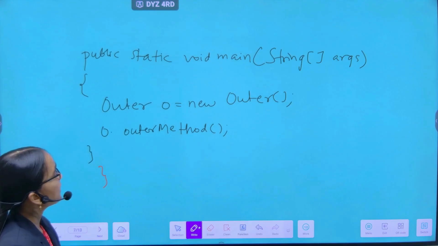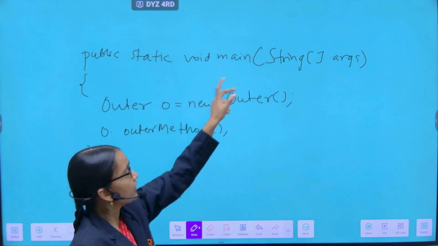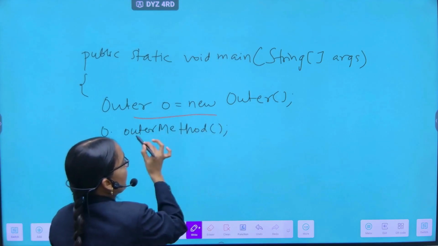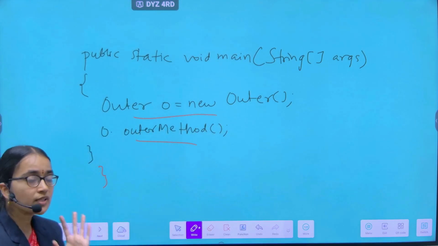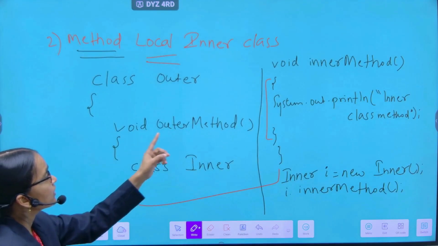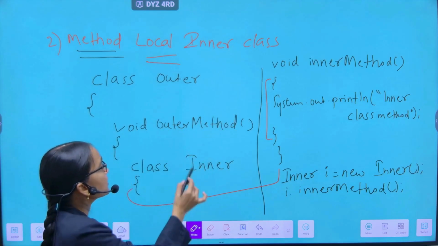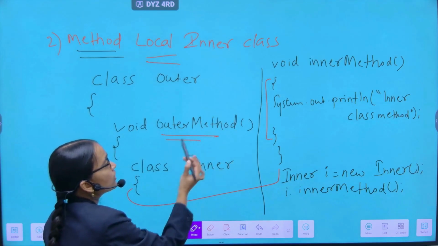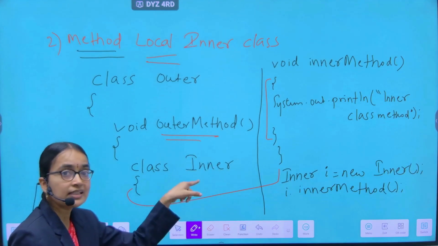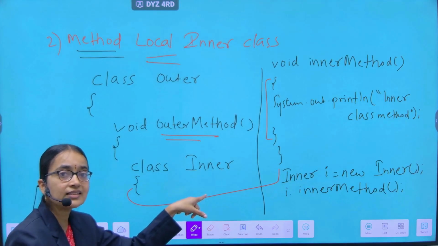So in the main method you are taking first the outer class instance, right? Only after taking the instance of the outer class will your control move to the inner class. So what does this outer class consist of? An outer method. What does the outer method have? It has an inner class inside it.